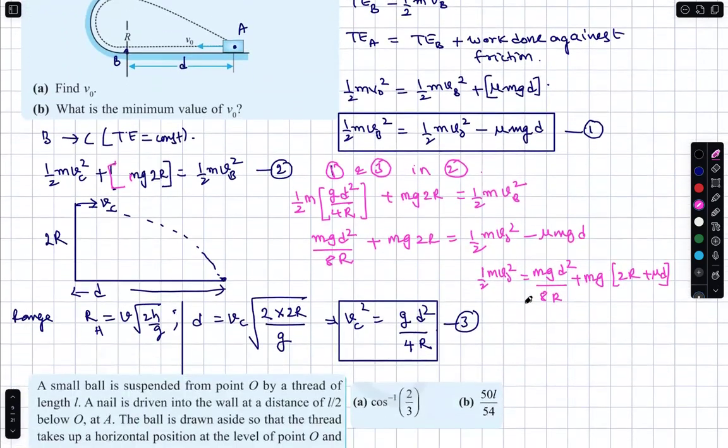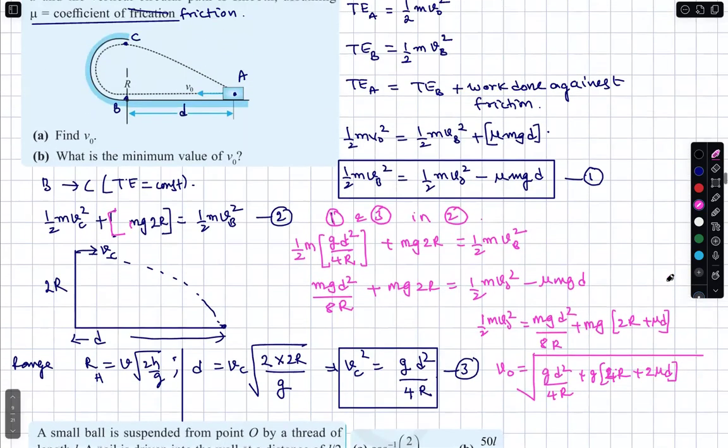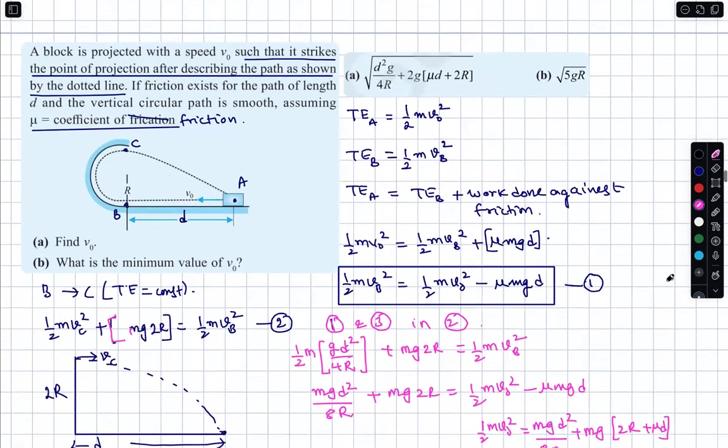So v naught can be written as under root, m will cancel, g d square by 4R plus g times 4R plus 2 mu d. That is v naught. Yes, exactly, I got the same.